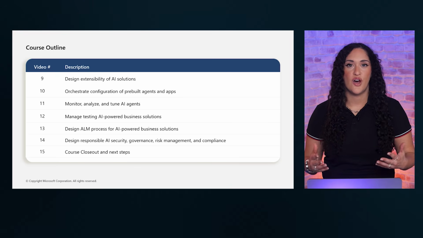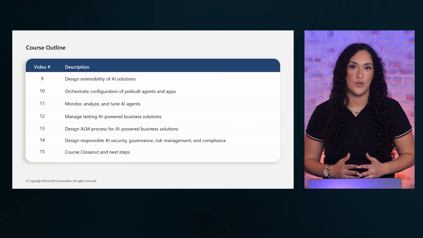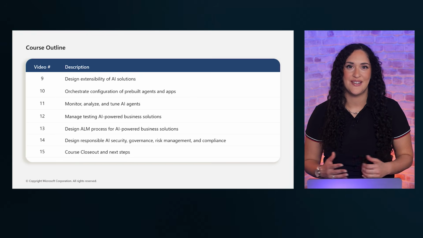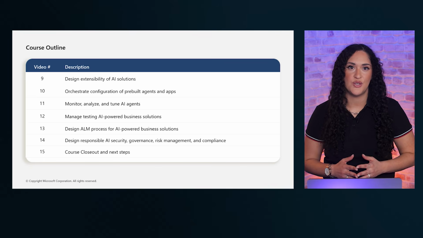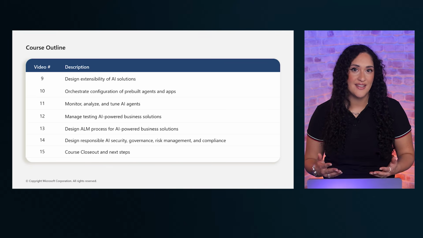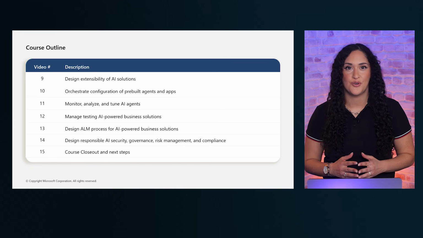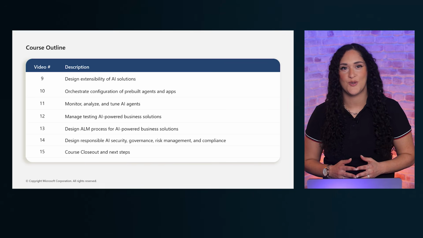From there, we will cover testing strategies for AI-powered solutions and designing application lifecycle management processes. We will close with responsible AI security, governance, and compliance before wrapping up with our course closeout and your next steps towards certification or further learning.